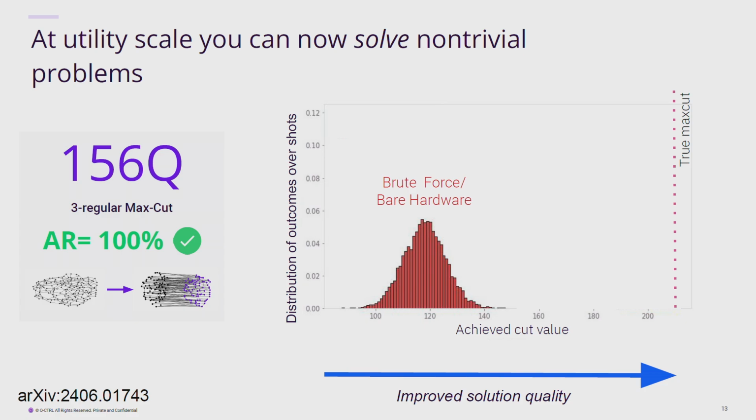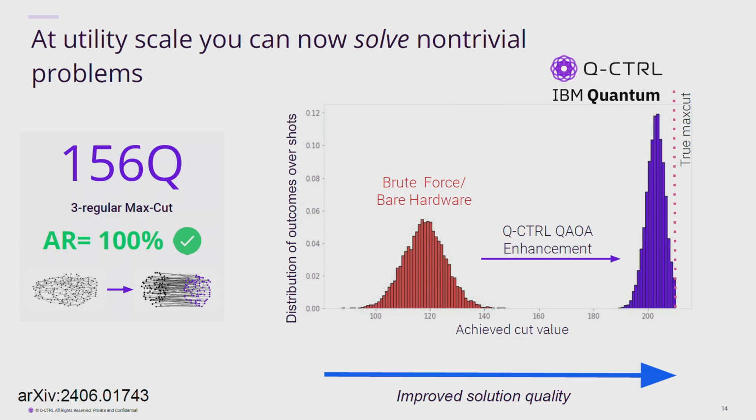What you see here is that in none of the instances that you run with brute force do you really get the actual value of your max cut in your solution. And running it brute force is pretty much what we get when we're running directly on the hardware. Now, when we implement that optimization function, that's what we get on the right. So not only does the whole distribution shift to the right solution, but we have a quite significant number of outputs finding the right solution of your max cut problem.